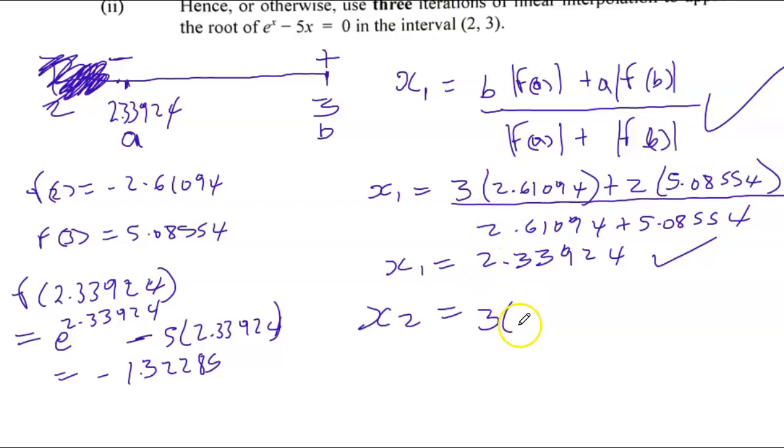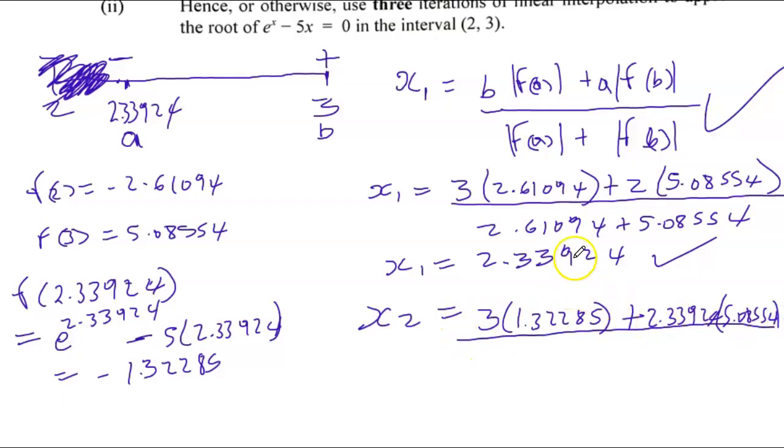We're using the positive absolute value, 1.32285, plus a, which is 2.33924, times f(b), which was f(3). f(3) was 5.08554, same as before, all over the values in the bracket, f(a) and f(b), the positive values, so 1.32285 plus 5.08554.